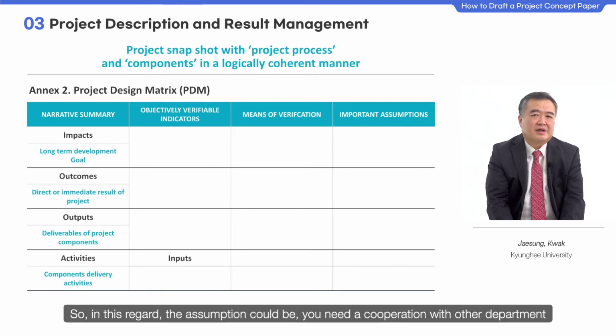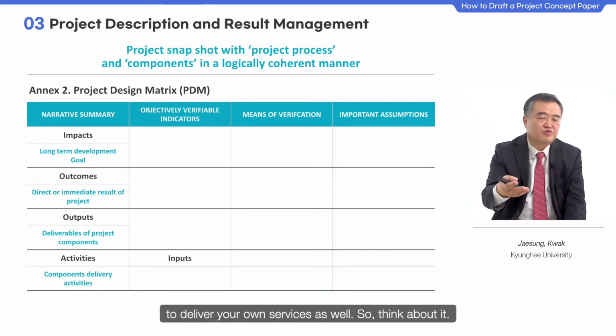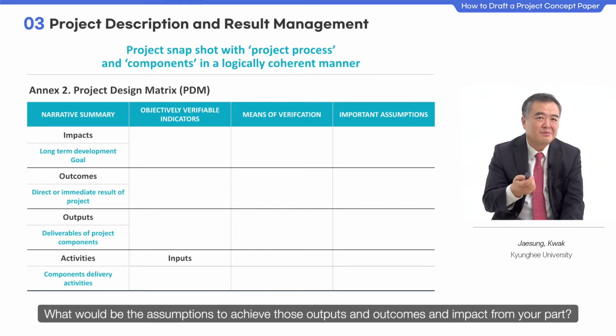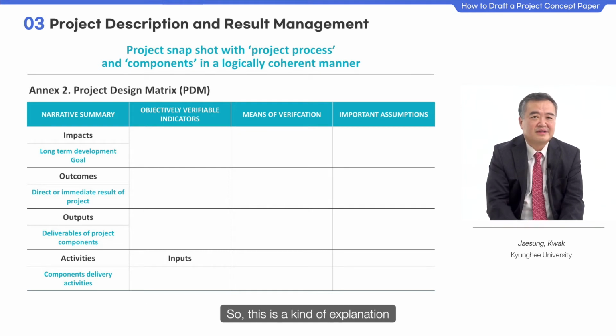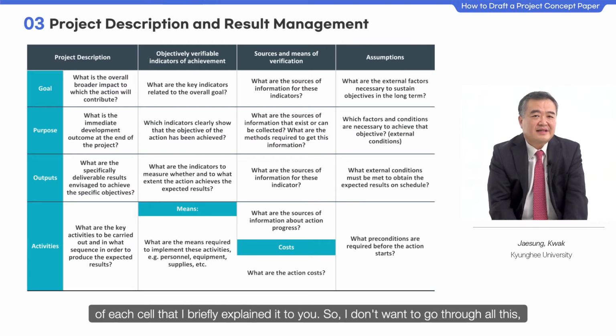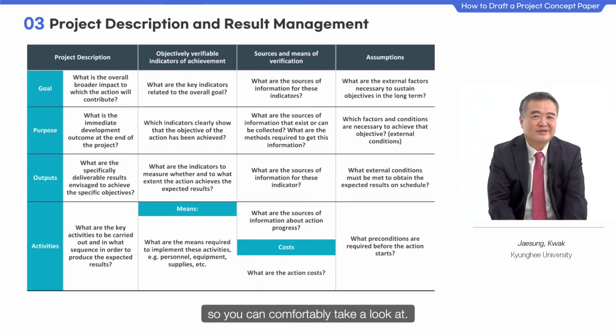In this regard, the assumption could be that you need cooperation with other departments to deliver your own services as well. So think about it. What would be the assumptions to achieve those outputs and outcomes and impact from your part? This is a kind of explanation of each cell that I briefly explained to you. I don't want to go through all this, so you can comfortably take a look at it.